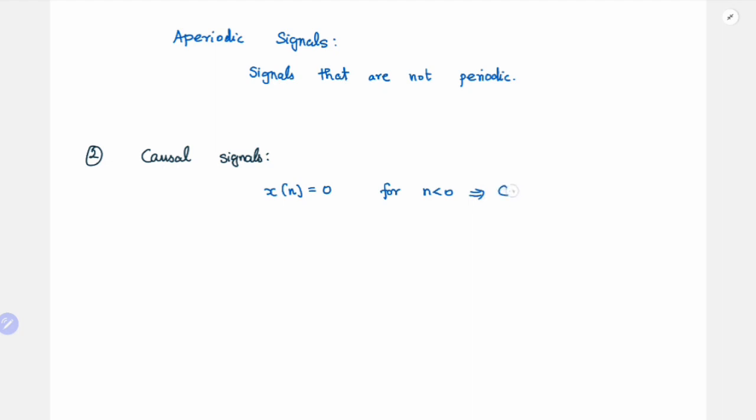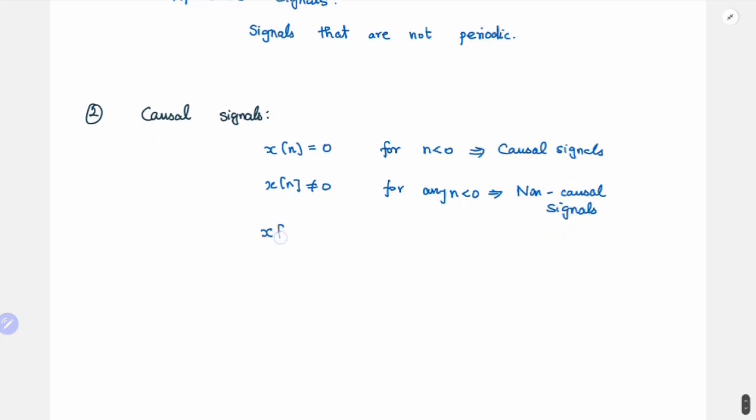So such signals are called causal signals. And if x of n is not equal to 0 for n less than 0, for any n, even for one value of n it is not equal to 0, then we call it non-causal. And if x of n is equal to 0 for n greater than 0, then we call it anti-causal signals.